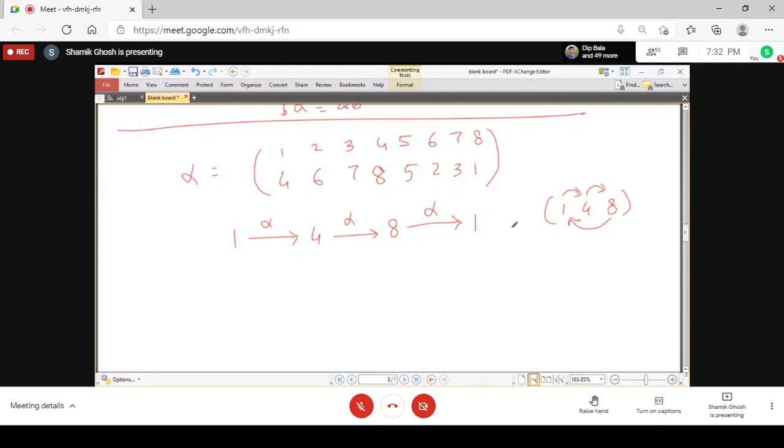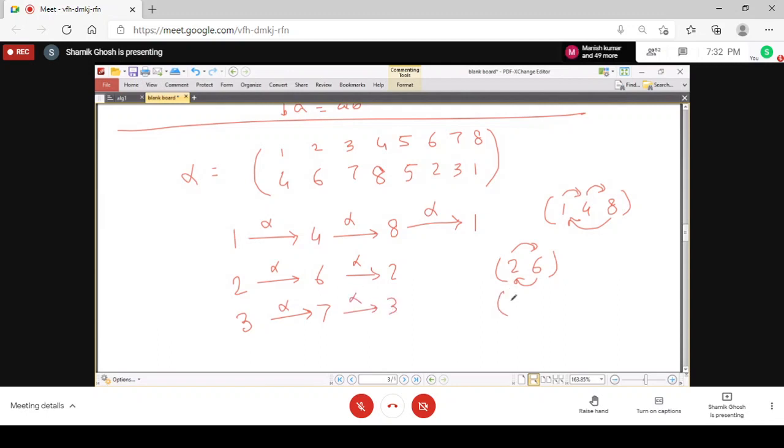Then the smallest number which is missing here is 2. Then again we start from 2. Now we see that 2 goes to 6, and 6 goes to 2 again, coming back to 2. So it is only a 2-cycle. Here 2 goes to 6 and 6 goes to 2. Then the minimum number missing is 3. Now what happens to 3? We see that 3 goes to 7 and again 7 goes to 3.